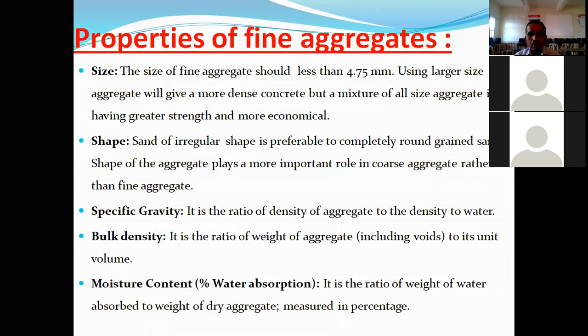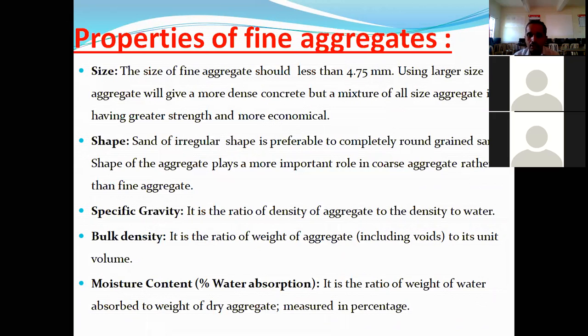Next one, moisture content, that is water absorption. It is the quantity of the water which is absorbed by the aggregate. The quantity of water absorbed by the aggregate should be less, because if it absorbs more water from the concrete mix, then it will affect the water cement ratio, and it will definitely affect the strength of the concrete.